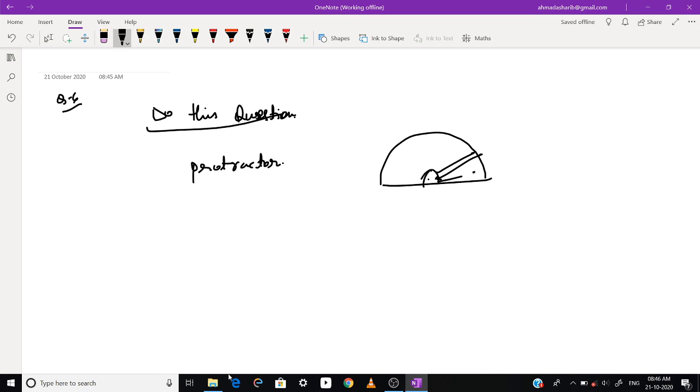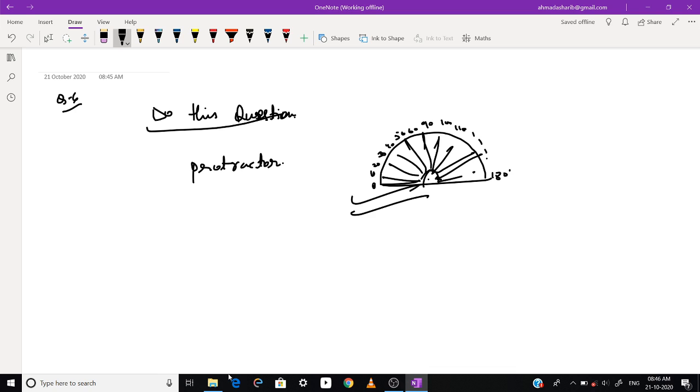These kinds of lines are there, if you remember, and the scale is given 0, then 10, 20, 30, 40, 50, 60. Here 90 is given, then 100, 110, and here 180 is given. So this is called a protractor.